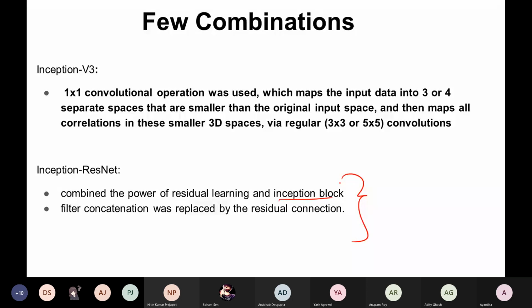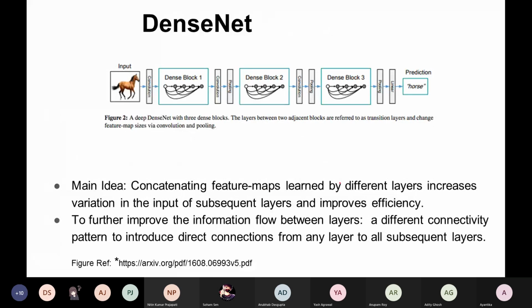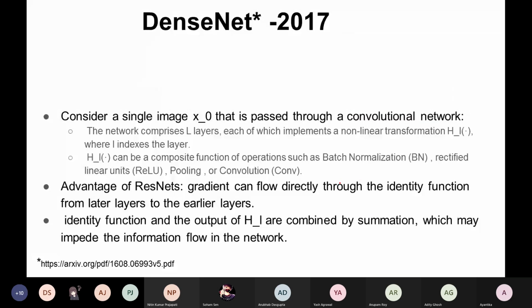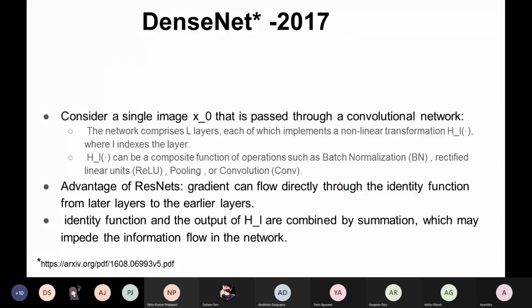While coming to DenseNet, you can see another improvement. This is pretty simple. If you have understood DenseNet and why this type of highway network is important, then in ResNet, we have combined the identity function.